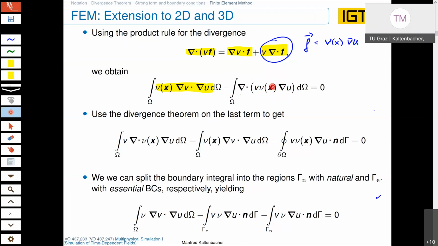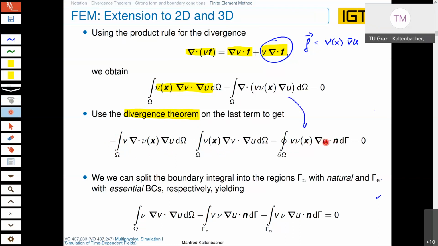Okay, so that is why, when we apply the divergence theorem, this term is now substituted by this volume integral, which we already had here, and out of this volume integral we got by the divergence theorem this closed surface integral.